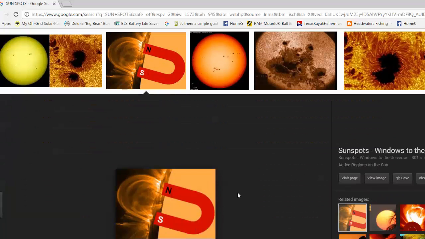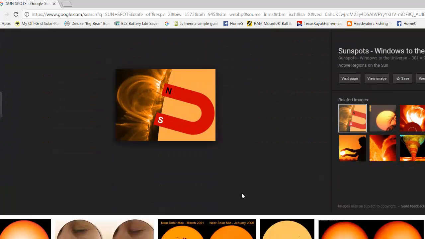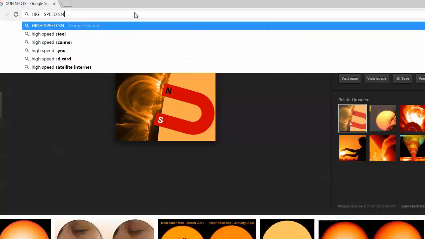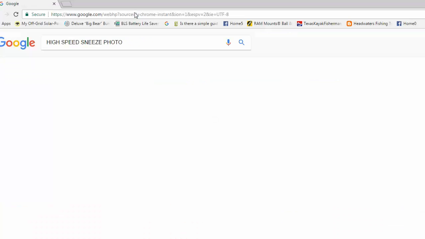And here's a picture that really I want you to key in on. When we see a sunspot, we have these coronal ejections. The sun essentially sneezes, but it's a good long sneeze. And just like a sneeze, it releases particles. Right? You ever see those high-speed sneeze photos?